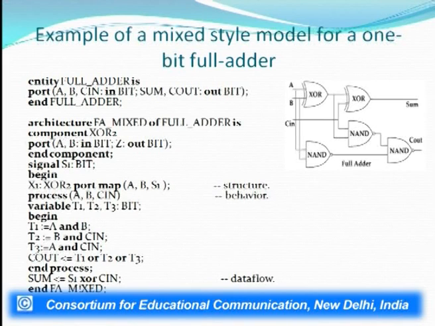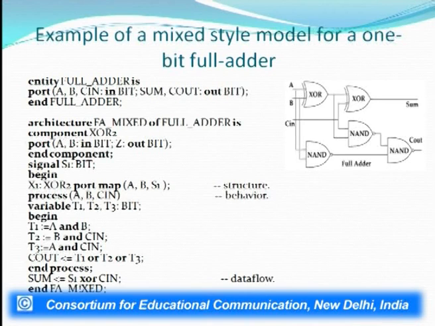So this output of the first XOR can be defined as a variable or a signal. The difference between variable and signal we will be seeing as we move forward. Here we have declared a signal S1 which is of type bit. So essentially S1 is giving me A XOR B. Then I begin, wherein I say X1 is XOR2 port map A, B and S1. So simply A XOR B is the output S1 that it is giving me.